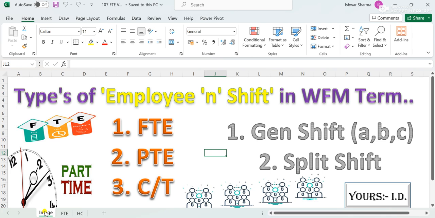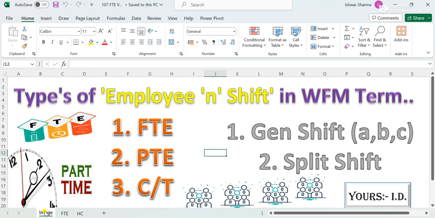I'm giving you a little knowledge about this because it will help you understand headcount versus FTE. One more thing I would tell you is about the shift type. There are two types of shift: regular shift, or general shift, and split shift. In regular shift, we have multiple time periods like morning, evening, night shift, or late evening.